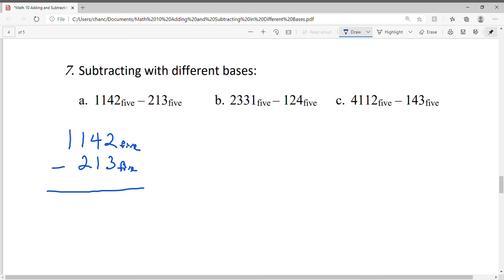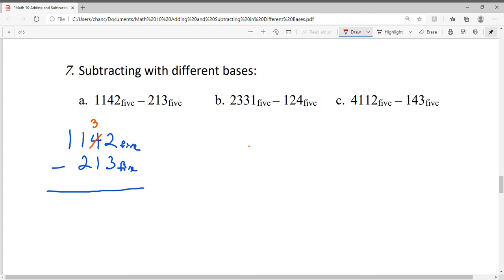Now I cannot take away 3 from the 2. 2 is too small, so we'll have to borrow. We'll have to borrow from the 4. So we'll cross out the 4 and reduce it by 1. That gives us a 3. Now, when we add it to the 2, we do not add 1 to it. We don't borrow a 10.